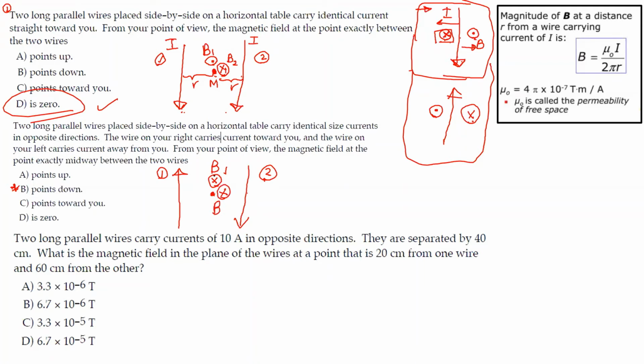So from both of the wires at the midpoint, the B field was into the plane. In other words, if you look at the paper, it is down, going down. So they add up. Your answer is B. Points down. So what is the answer you got for C?